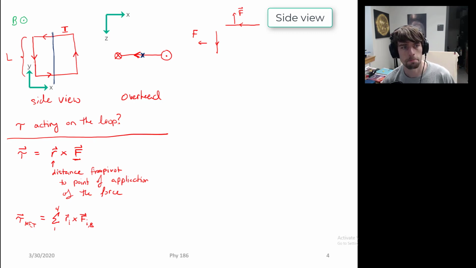Yes, okay, gotcha. Bottom one. And the top one. You probably already got all these. Good. So what's the net torque that this loop will experience?